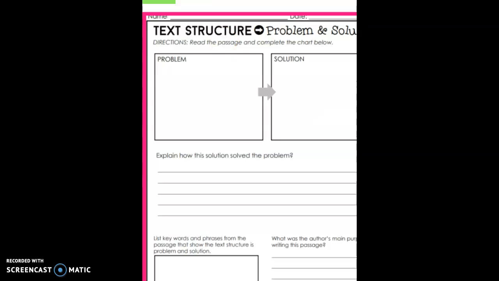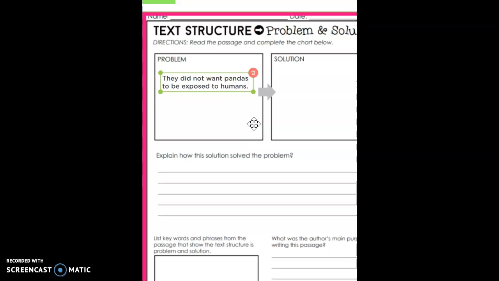In this example, we would fill in the problem. The problem was, and there were actually 2 problems and solutions in here, that pandas were getting poached and that they didn't want them to be in contact with humans. So that's the one we're going to use because that's what we highlighted. So type this out with me. They did not want pandas to be exposed to humans. That was the problem.